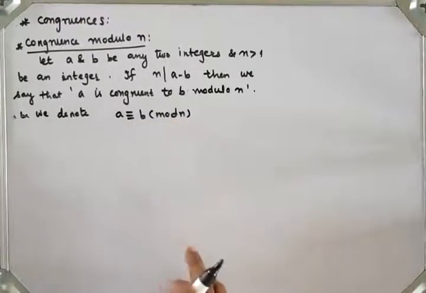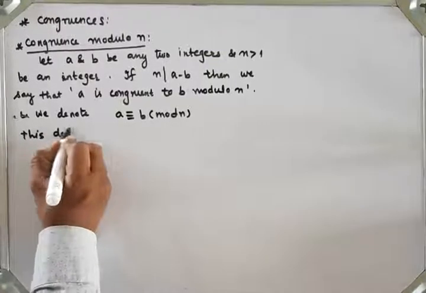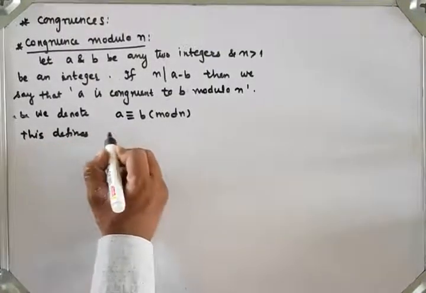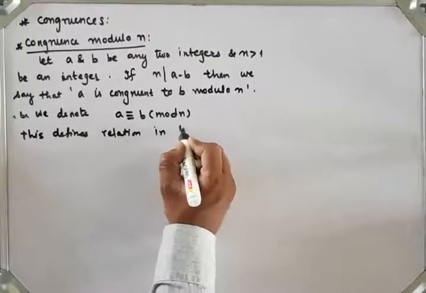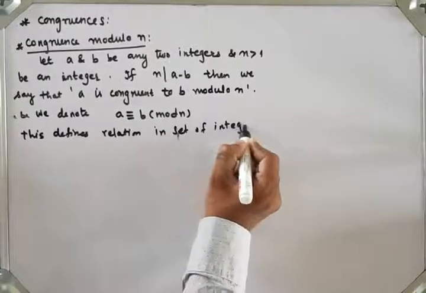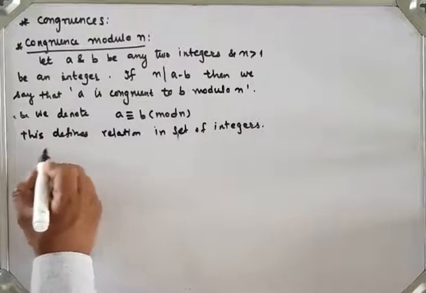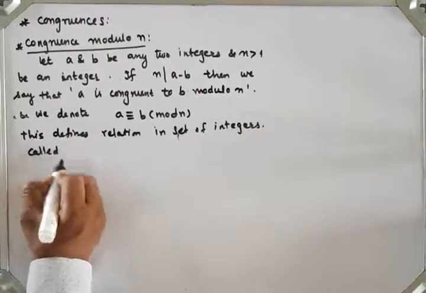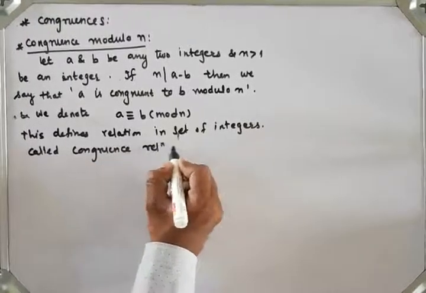So clearly this defines a relation in the set of integers Z, and it is called the congruence relation modulo n.